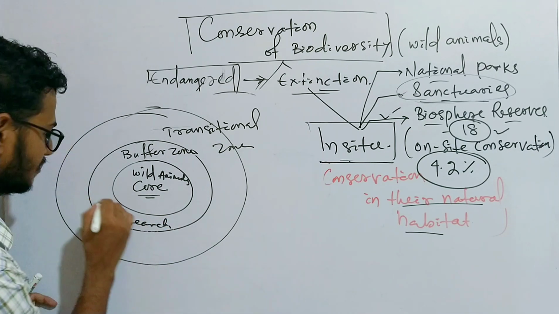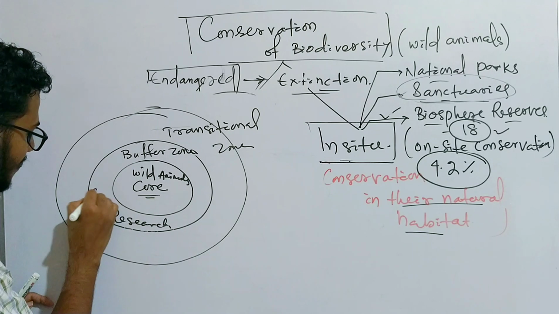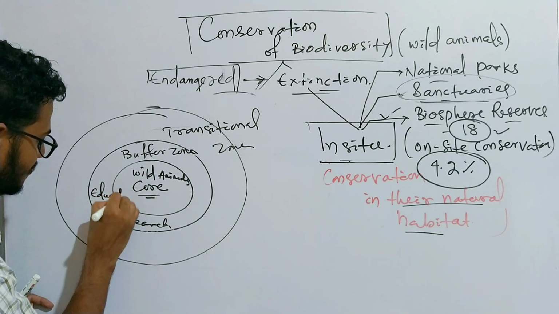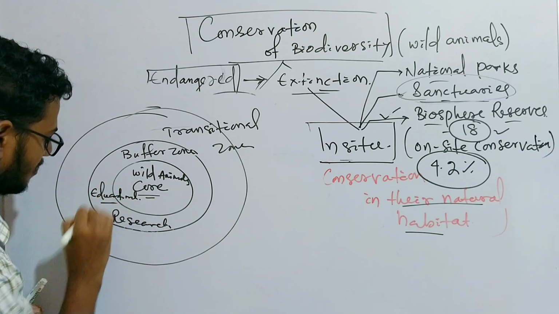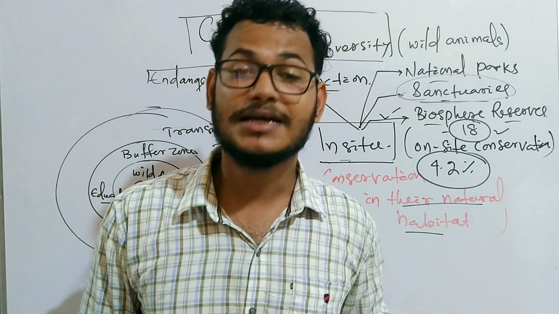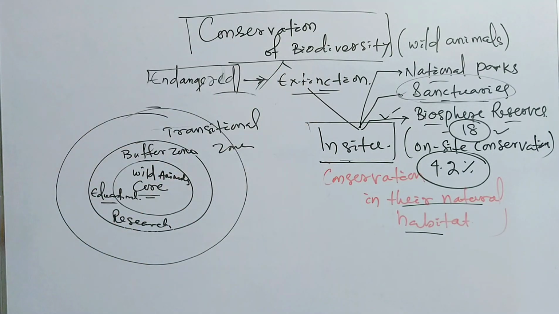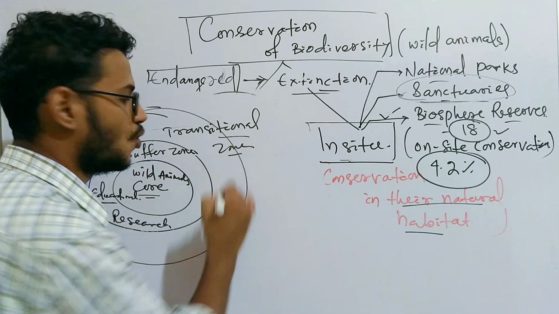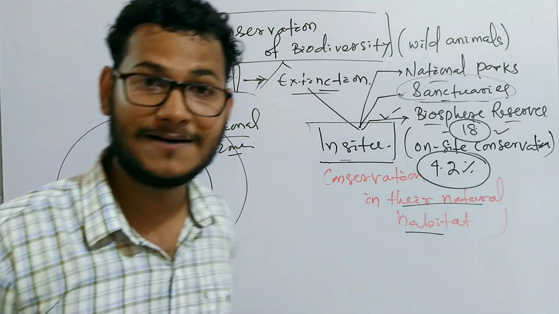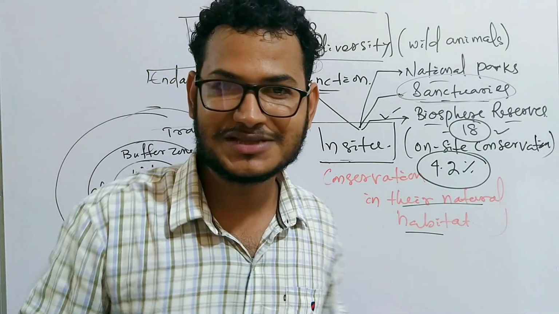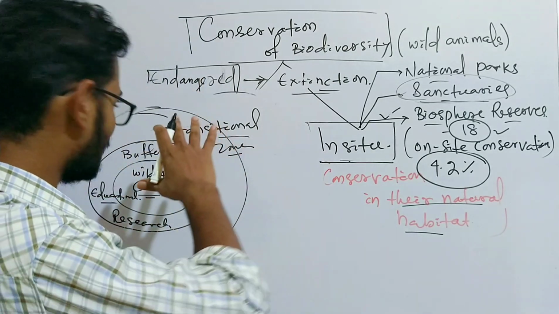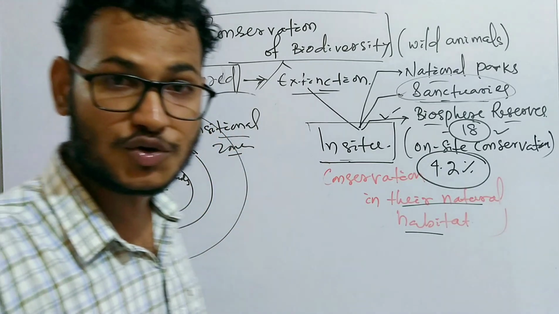are allowed. People for educational activities are also allowed in the buffer zone. And the transitional zone is the place where the people live, I told you that human beings are also a part of this biosphere reserve.